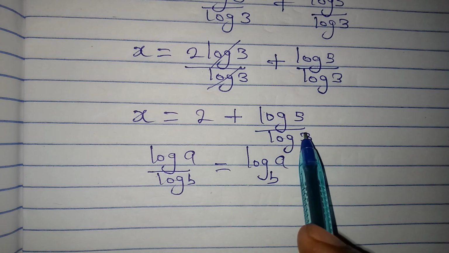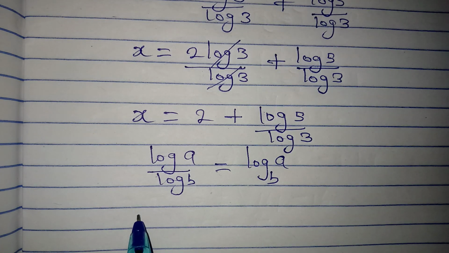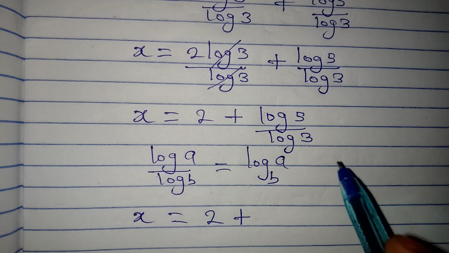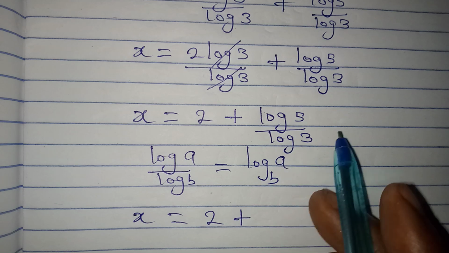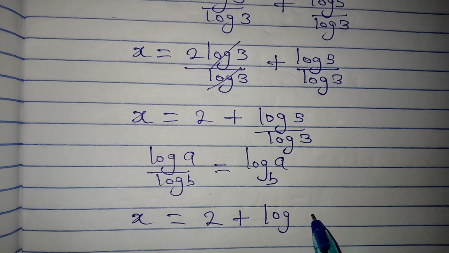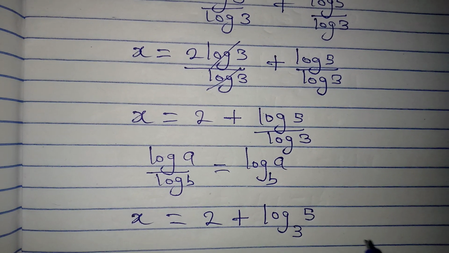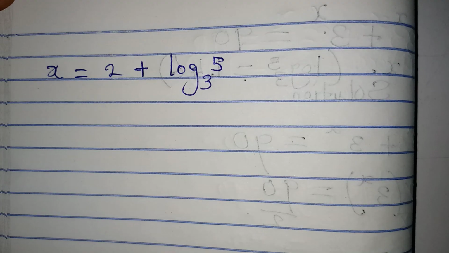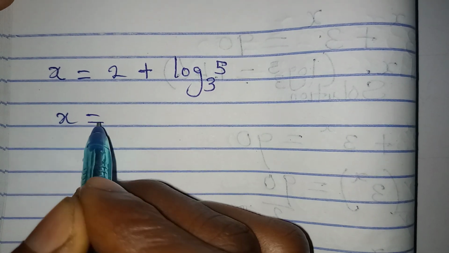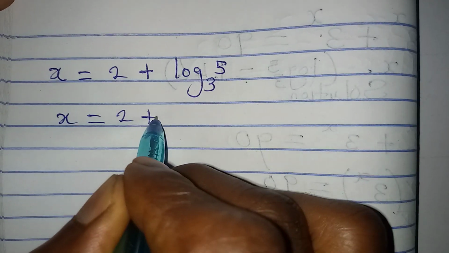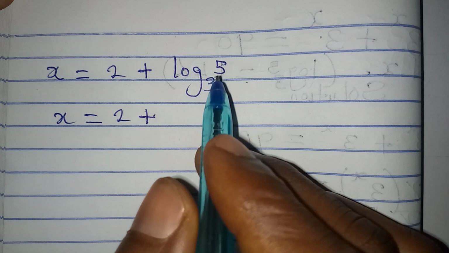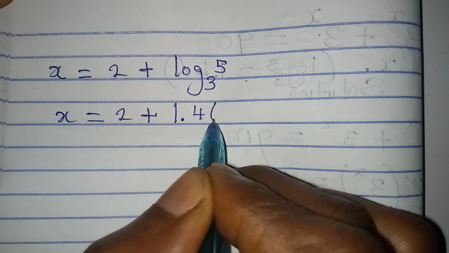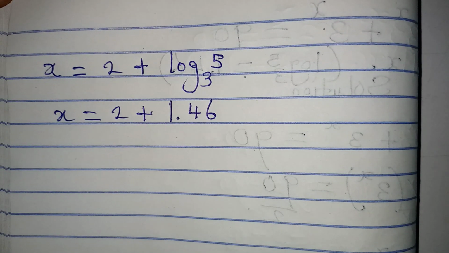That's the same principle I'm going to apply here. So x equal to 2 plus log 5 over log 3 is the same thing as log 5 to the base of 3. And from here we continue. x will now be equal to 2 plus log 5 to base 3, which is given to us as 1.46. Okay, this is an approximated value.